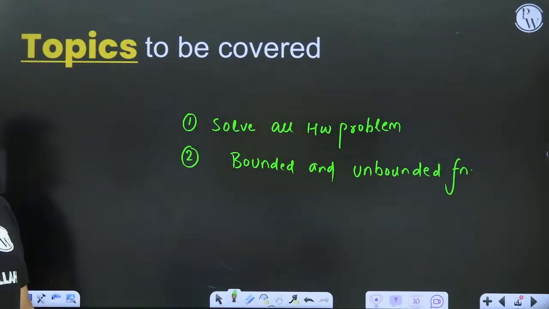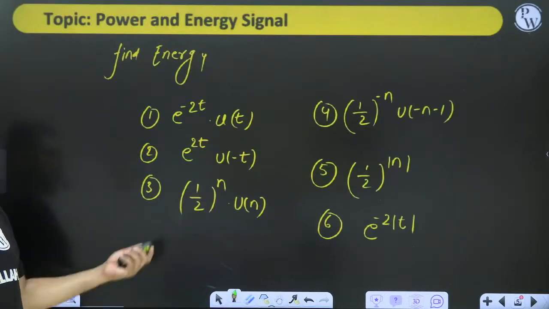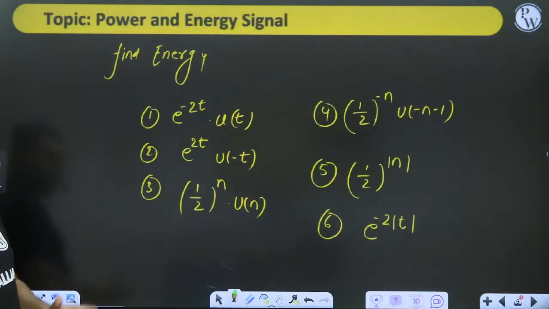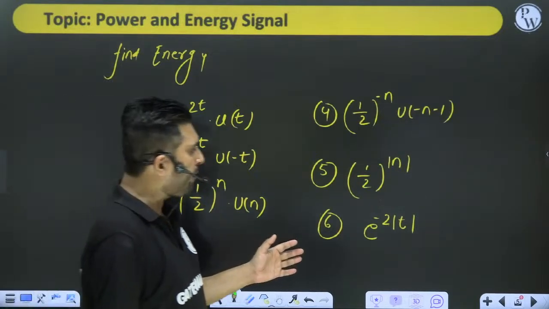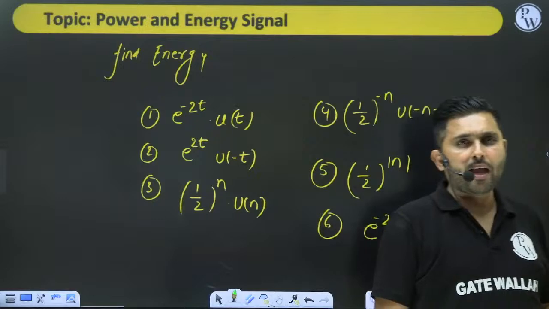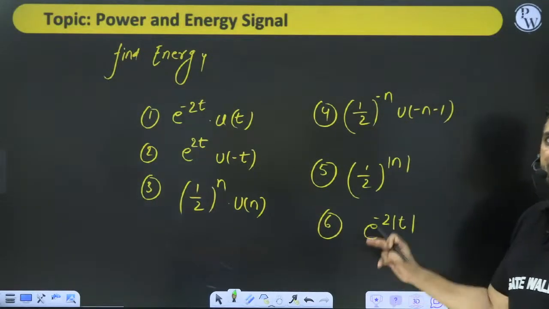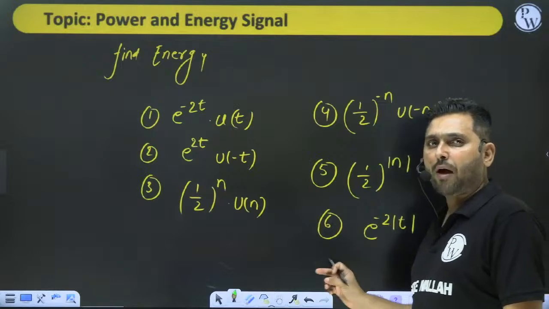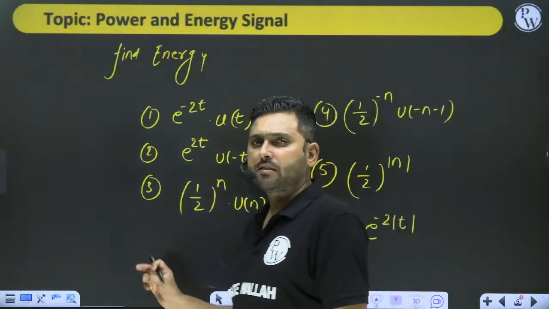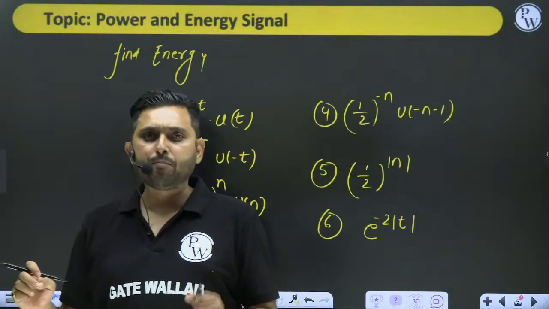Okay, now let's start. I have given you a lot of problems like this one. This is my homework from the last class: find energy, in some slides find the power, and in some find both.